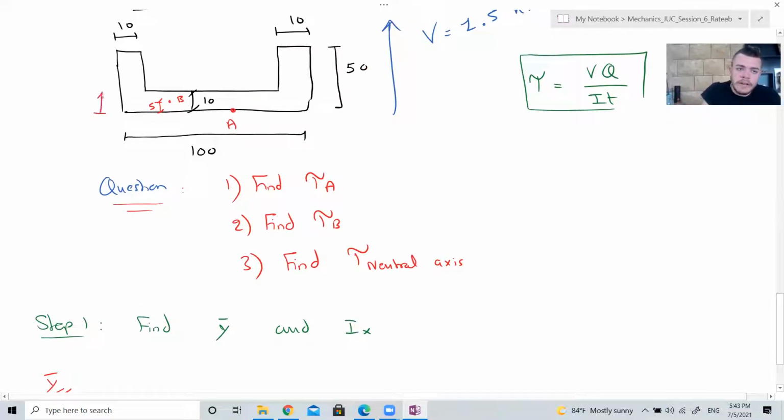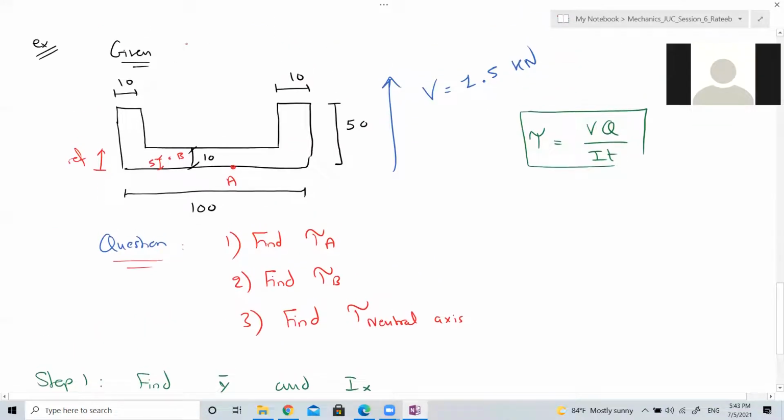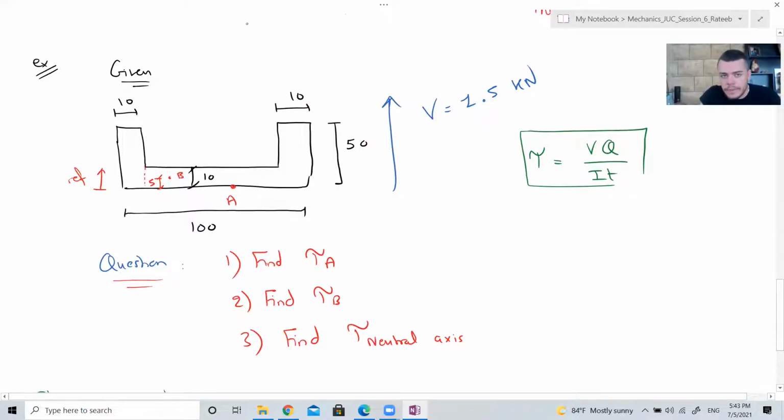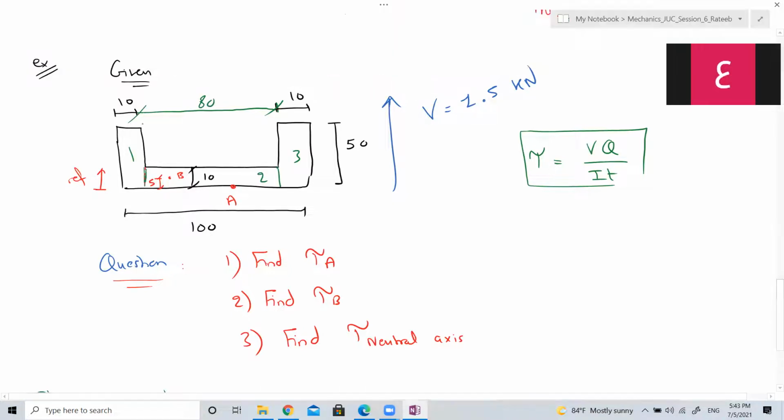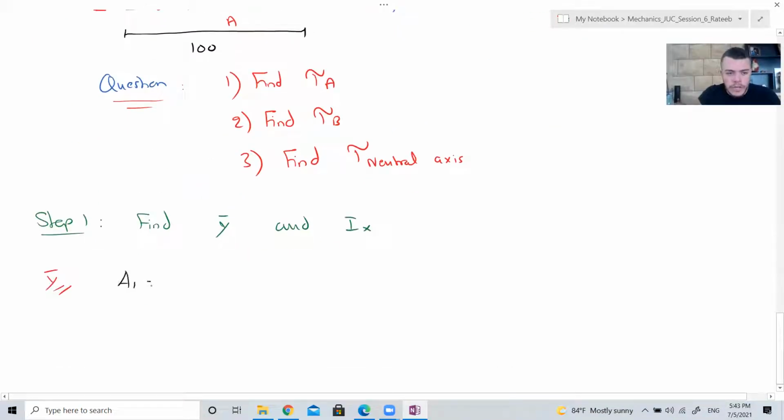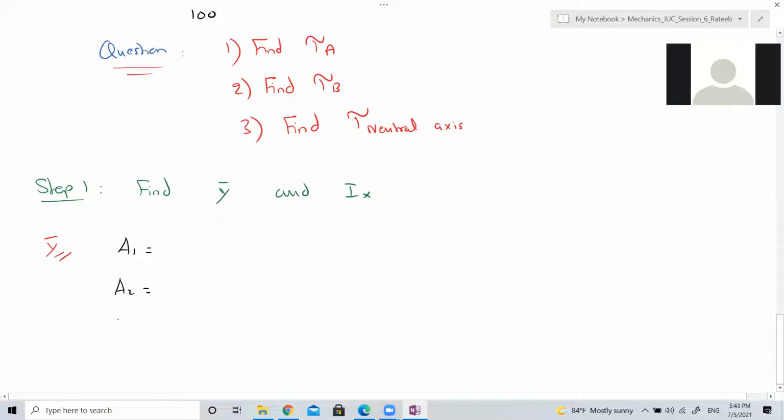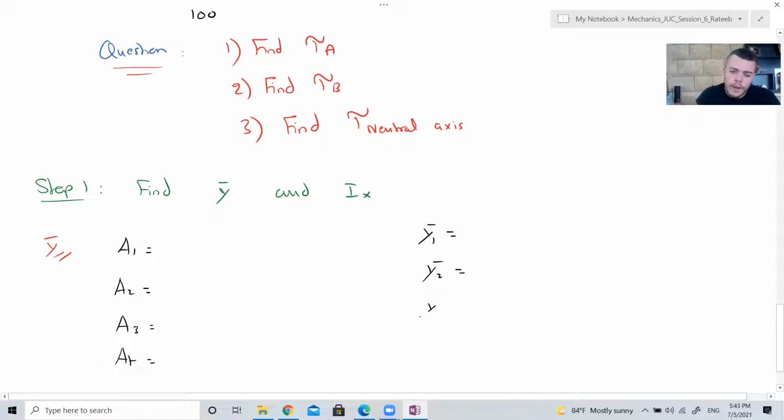We take the reference from where? From the bottom. We divide the cross section like this into 3 shapes. What is this distance from here to here? 80. Right. So here I start: A1, A2, A3, total area, Y1 bar, Y2 bar, Y3 bar.